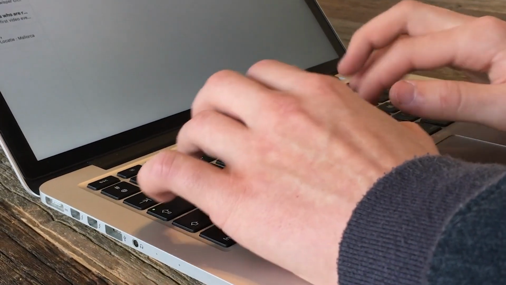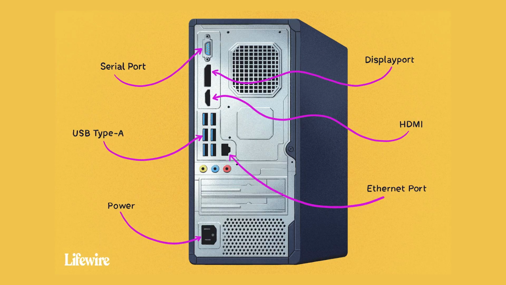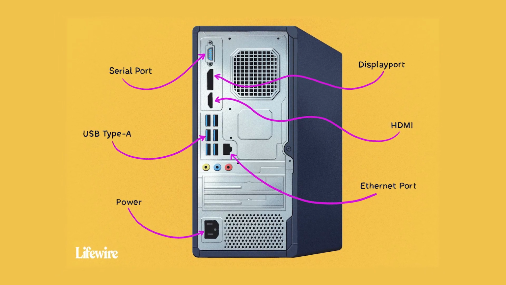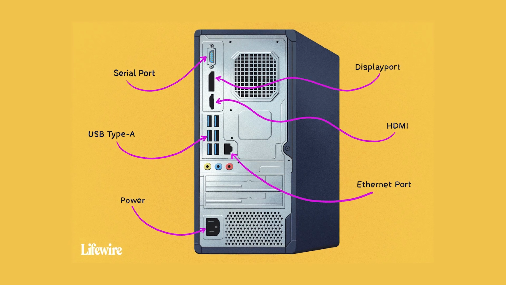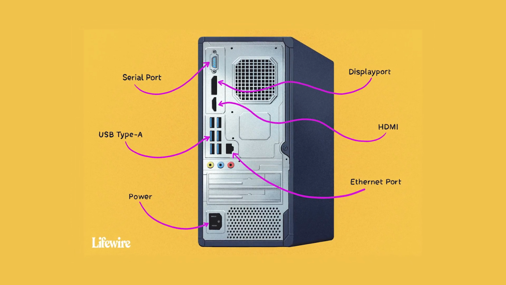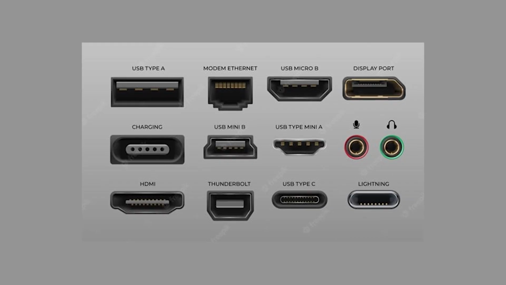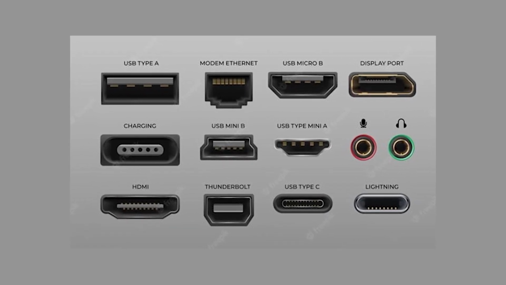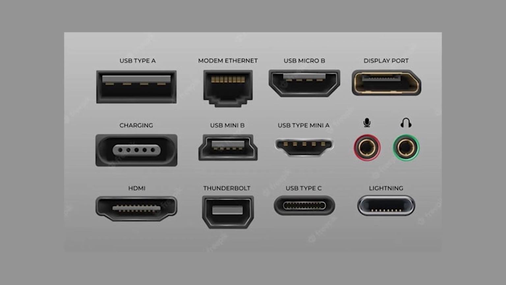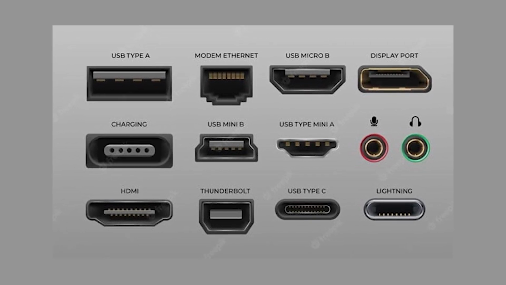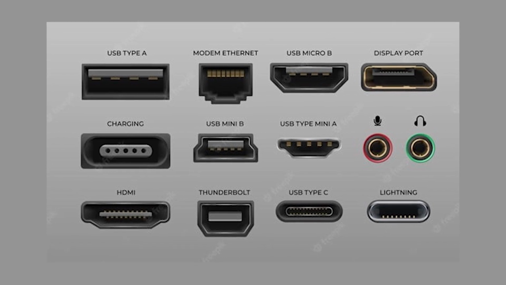The numbers from 1024 to 49,151 are called registered ports and can be registered with the Internet Assigned Numbers Authority for a specific use. The numbers 49,152 to 65,535 are unassigned, can be used by any type of service, and are called dynamic ports, private ports, and ephemeral ports.